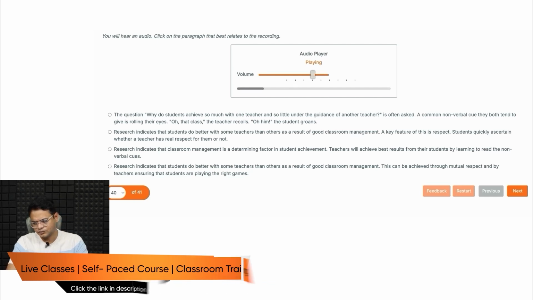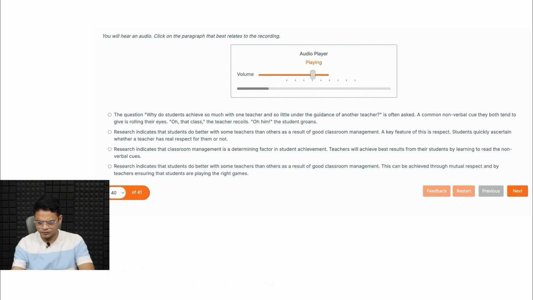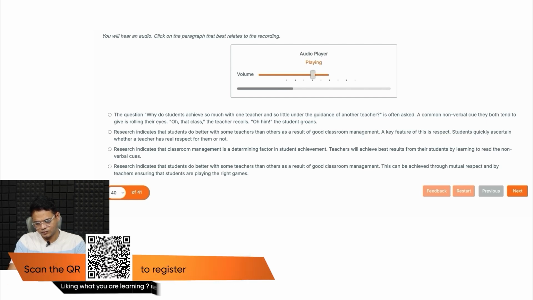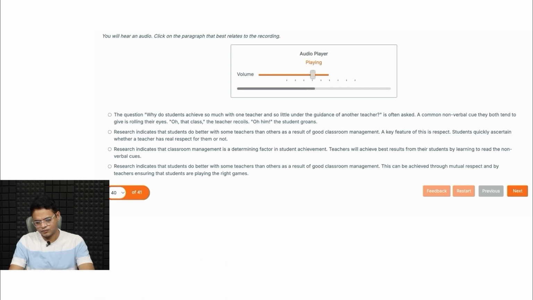Why do students achieve so much with one teacher and so little under the guidance of another teacher is often asked. I believe, as a result of having done research in this area for some time, developing good classroom management is a determining factor. Respect is paramount. Students need to feel respected and in turn need to develop respect for the teacher. I've spoken to kids who delight in mucking up in class, and I've talked to their teachers.